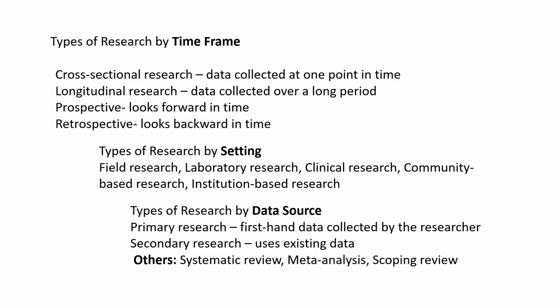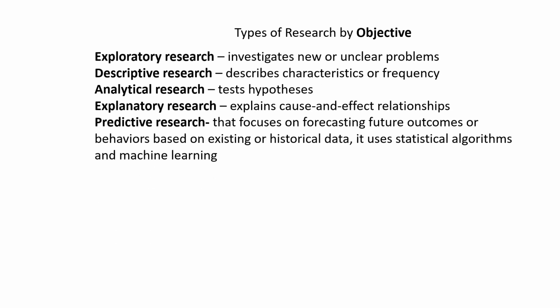Then types of research by data source. We have primary research, which is first-hand data collected by the researcher. We have secondary research, which uses existing data. Then we have others like systematic review, meta-analysis, and scoping review. Types of research by objective. We have exploratory research, which investigates new and unclear problems.